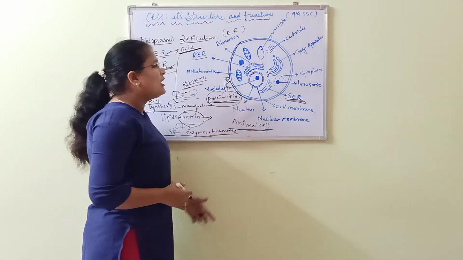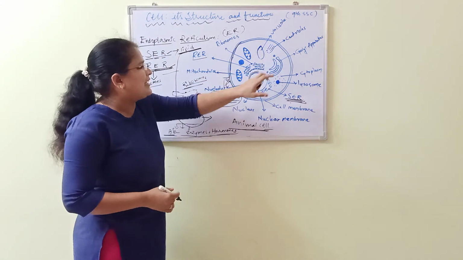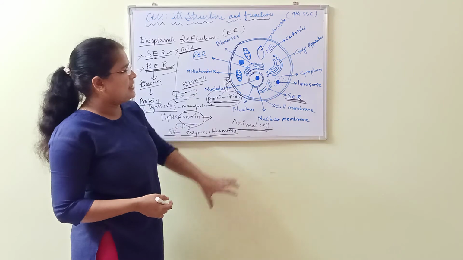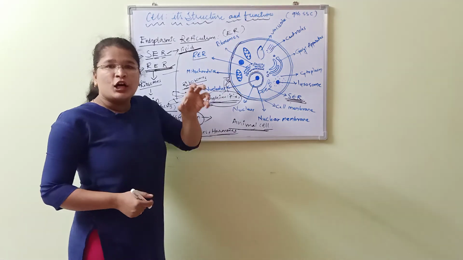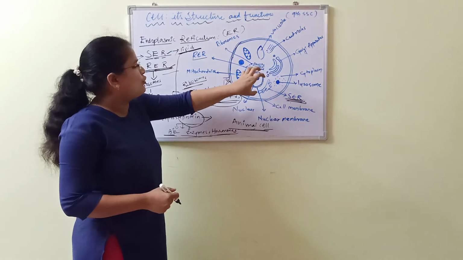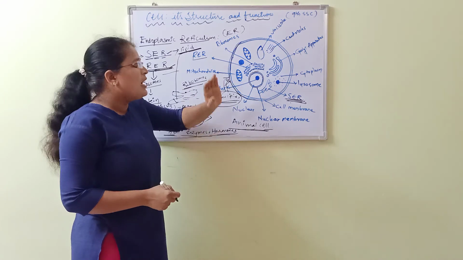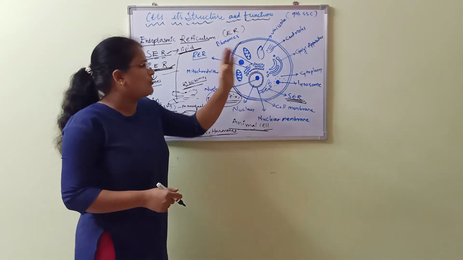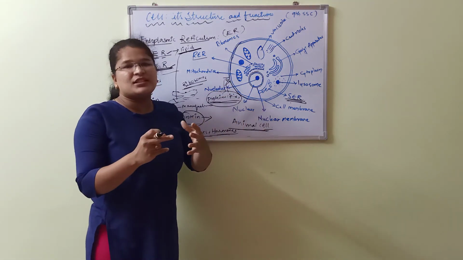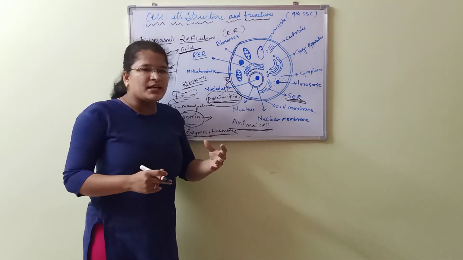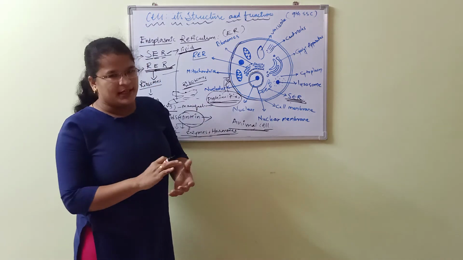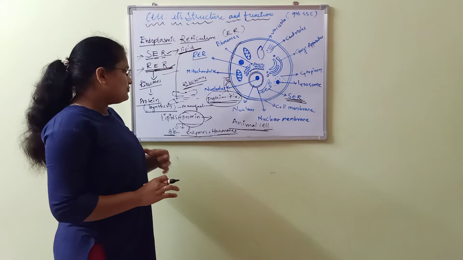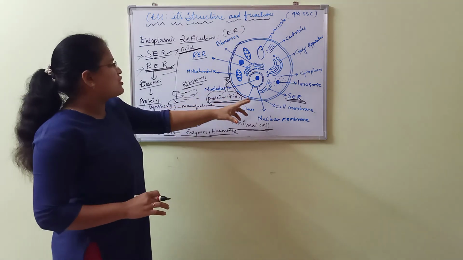And not only that, the network-like structure, the vesicle-like structure present around the nucleus, may pass components which are essential towards the nucleus, and those which are not essential may pass out of the nucleus. It means it will exchange substances between the nucleus and the cell organelles. Not only that, one more function is there.